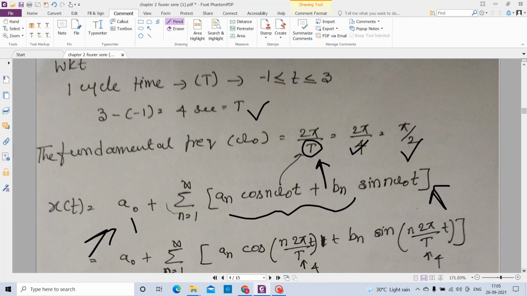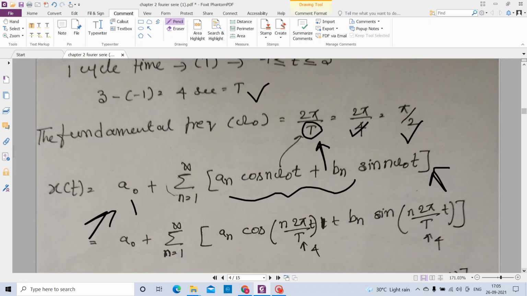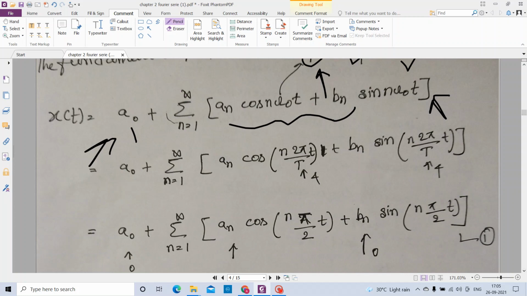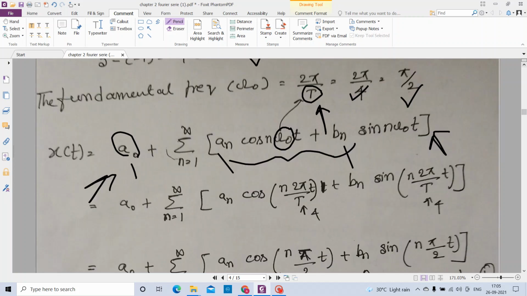Using this Fourier series, we are solving the problem. This is a trigonometric Fourier series problem. We have to find the a naught value, a n value and b n value. Before that, we substitute the fundamental frequency equation, omega naught is equal to 2 pi by T, into the Fourier series equation.